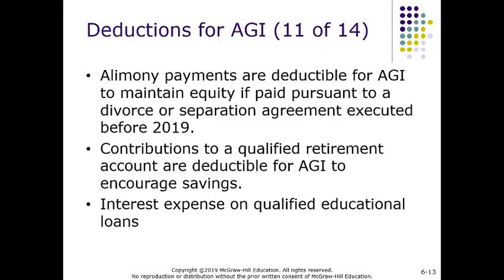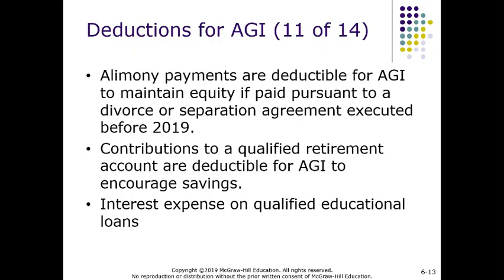And so if it is a qualified education loan, and this is for the taxpayer, spouse, and children of the taxpayer, the taxpayer can deduct interest expense that's paid during the year up to $2,500.